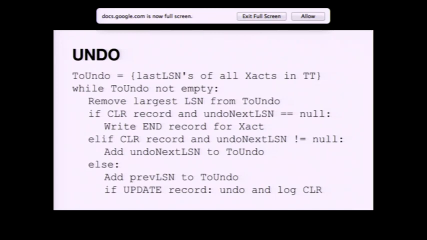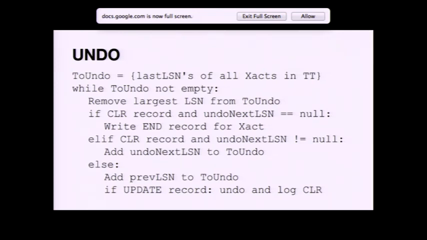And if neither of these are true, so we're not dealing with a CLR record at all, we're going backwards, following all of these prevLSN and undoNextLSN pointers backwards in time. We're going to, first of all, add the prevLSN to our set toUndo. And in particular, if it's an update record, then we're going to undo that and also write a CLR to the log.